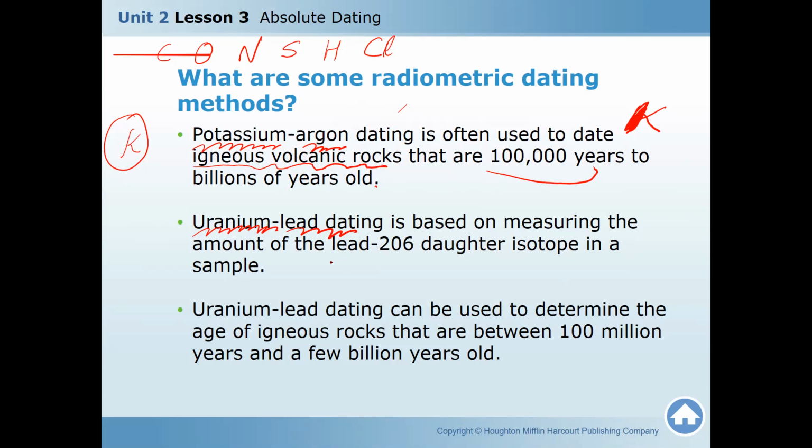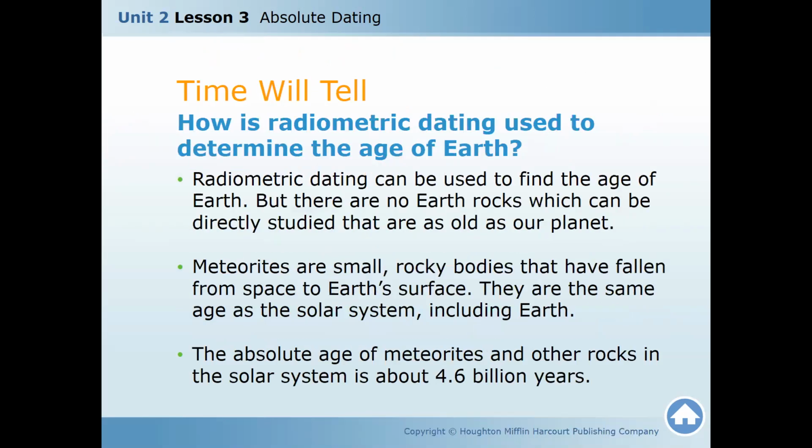When I want to work with a lead isotope in a sample, I go with uranium-lead dating. Like potassium-argon dating, uranium-lead dating is also for igneous rock, between 100 million and a few billion years old. When it's older than that, I go for uranium-lead dating. Did you understand, everyone?